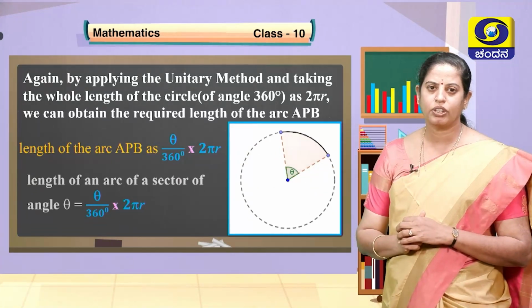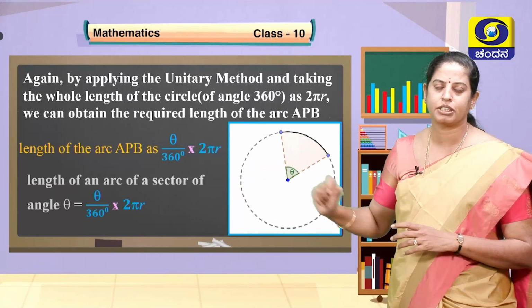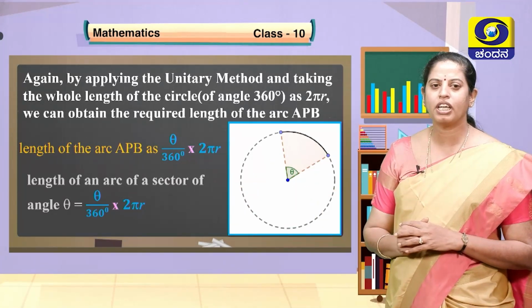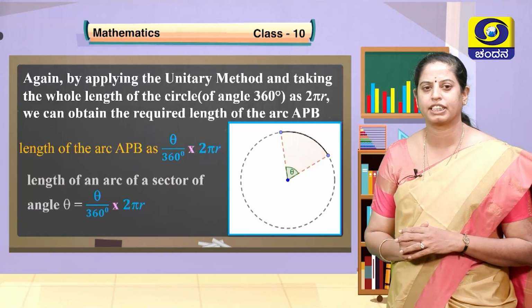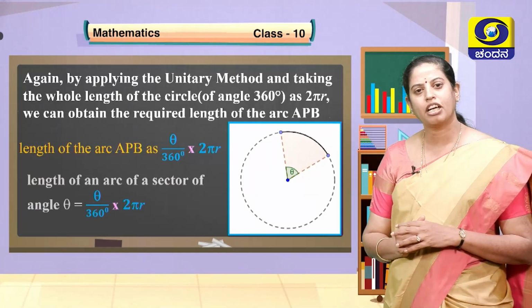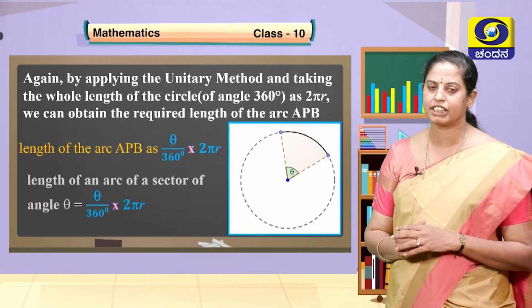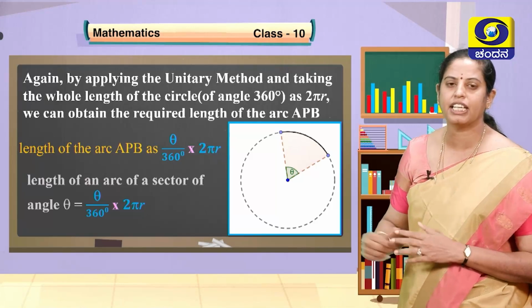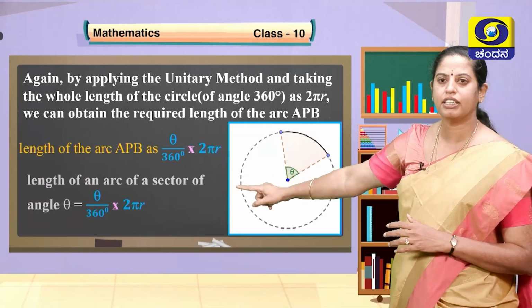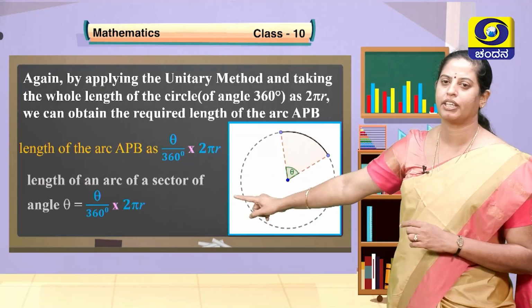With a slight rearrangement, we have the formula: the length of an arc of a sector with radius r and angle theta is theta divided by 360 into 2 pi r. Remember, children.